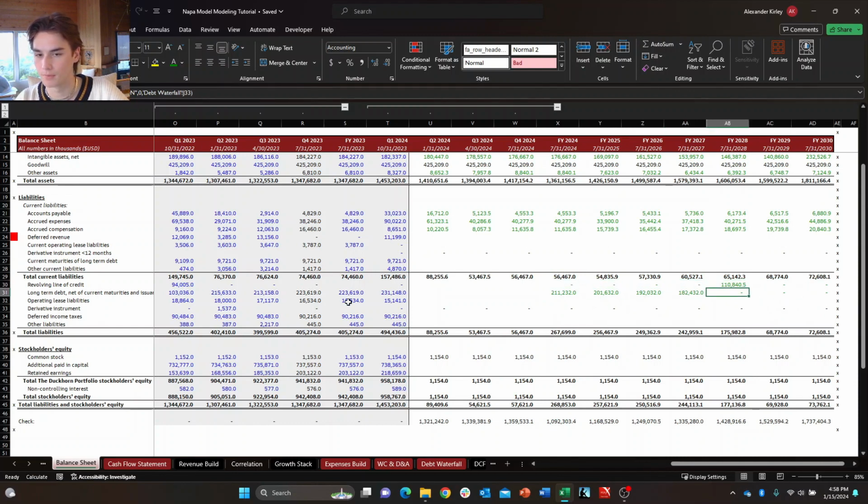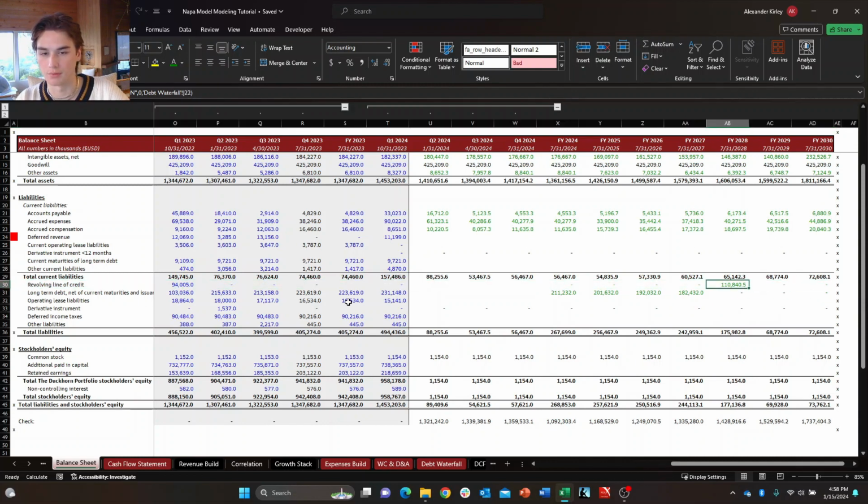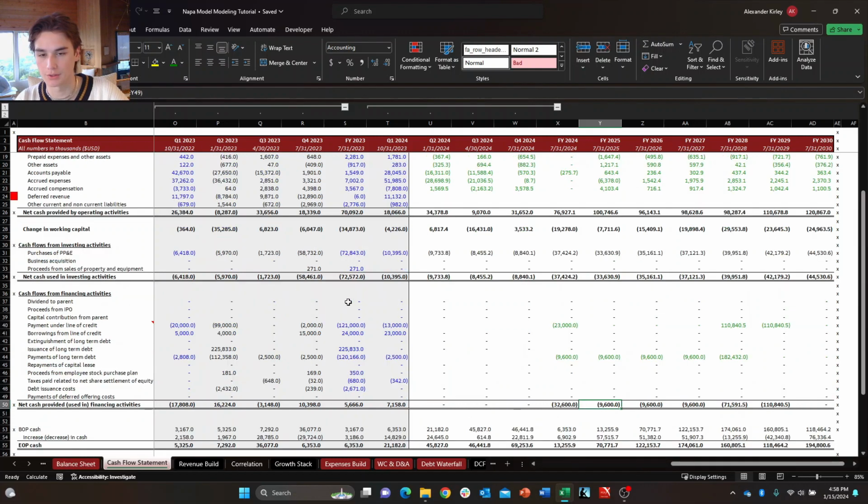Excellent. Now we see that revolving line of credit is now a drawdown of 110, or we have 110 on our balance sheet. And under our payment under line of credit, we have an inflow of $110 million coming in. Hoping this is making sense so far.